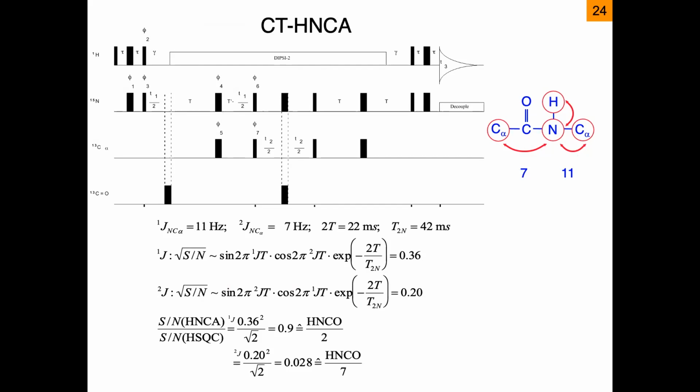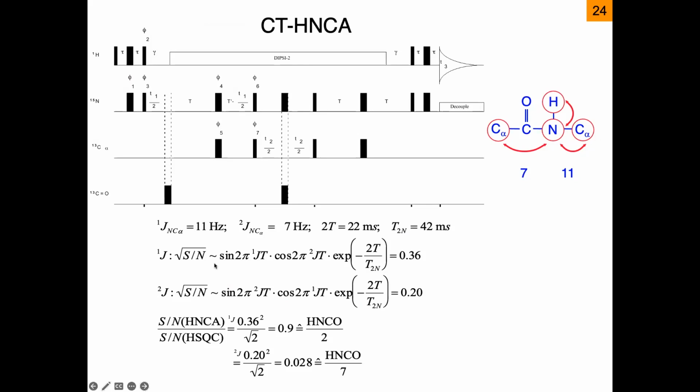And now the problem is with this 2-bond coupling that during this time, when you dephase from nitrogen to the intra-residue C alpha, at the same time, you transfer to the preceding C alpha.